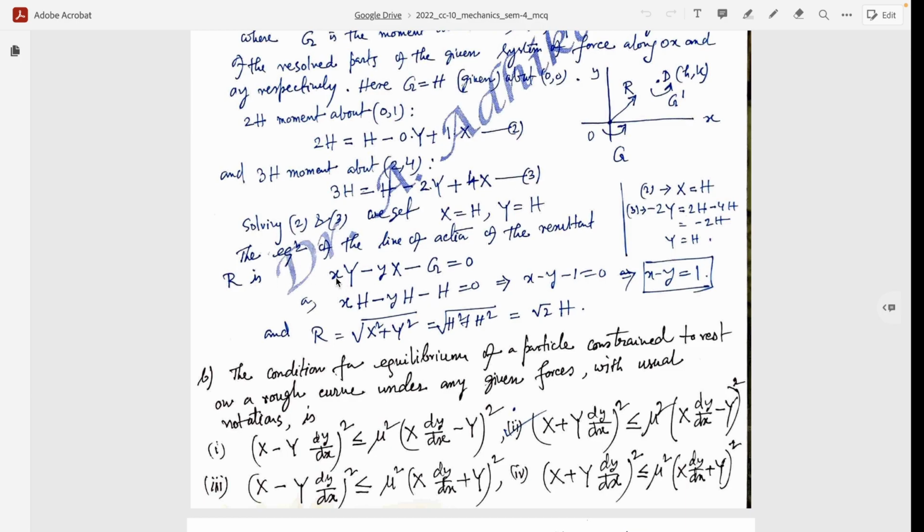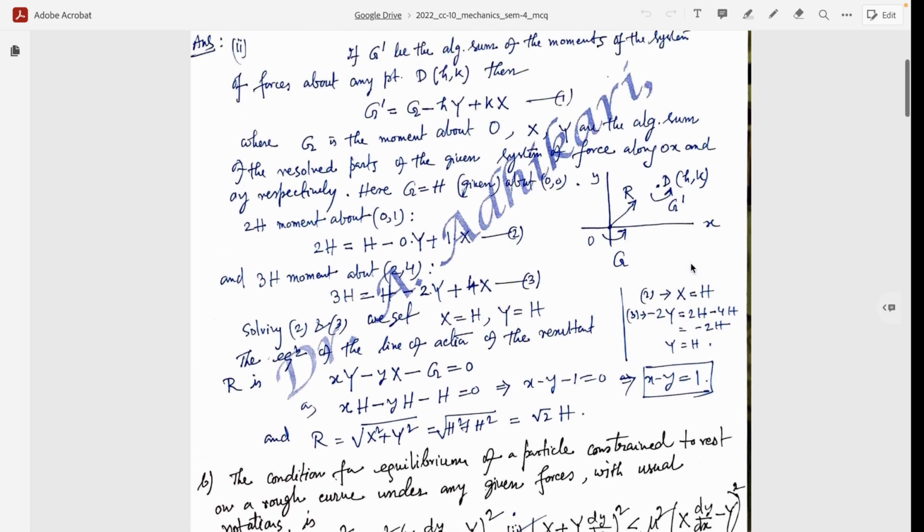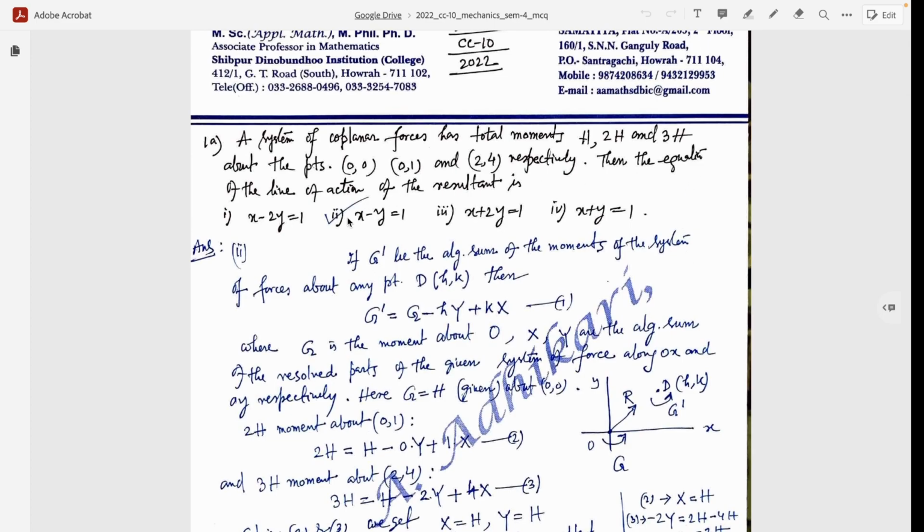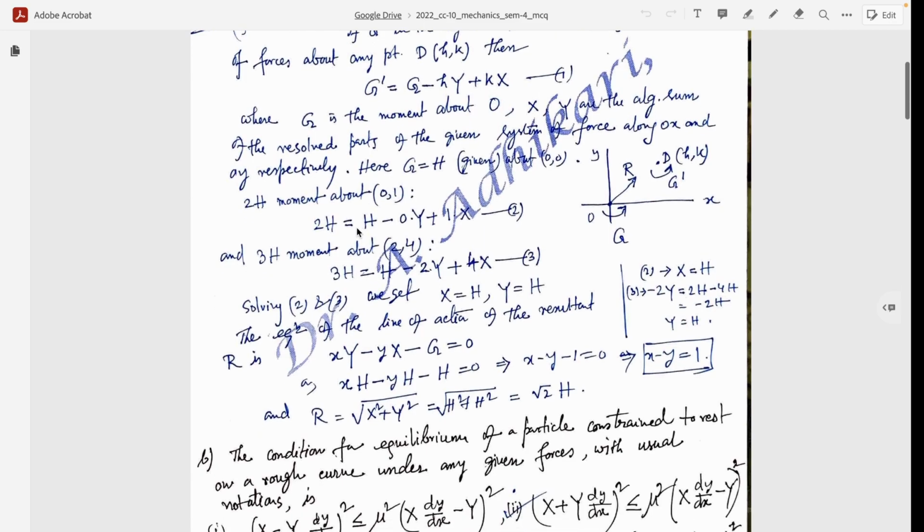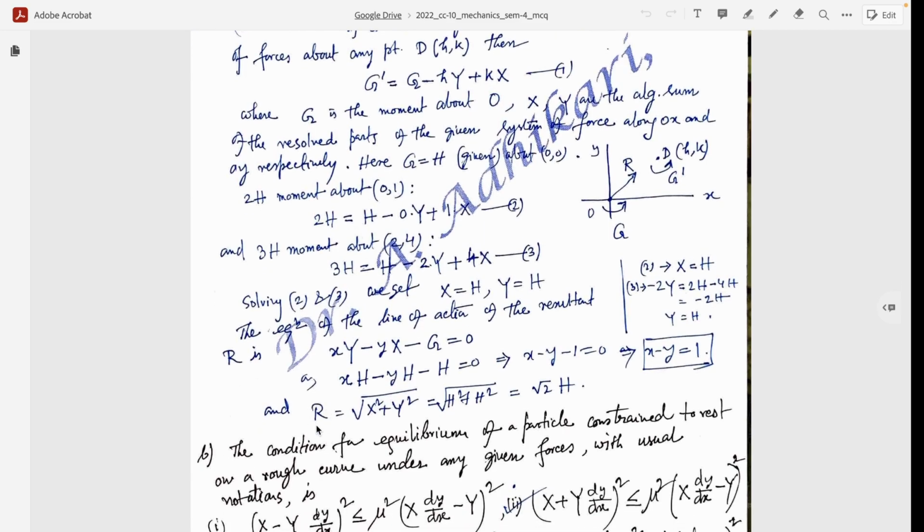Putting all these values in this equation, we get x minus y minus 1 equals 0, that is x minus y equals 1, the required equation of the line of action of the resultant. So the correct option is 2. And the value of the resultant R is root of X square plus Y square, that is equal to root 2 times capital H.